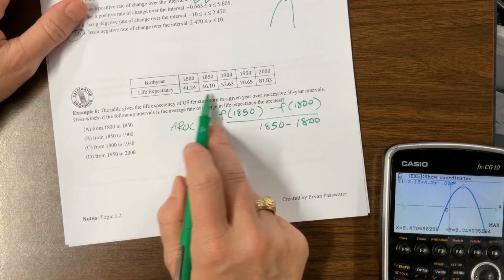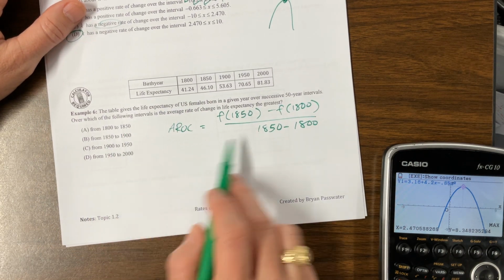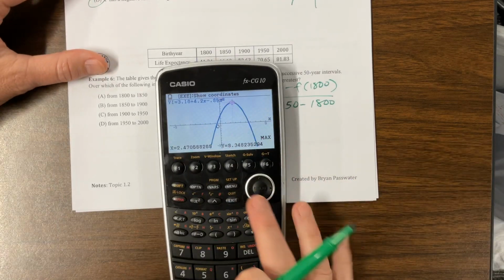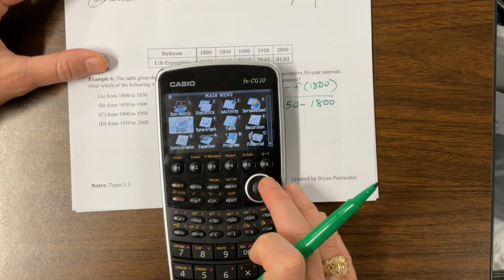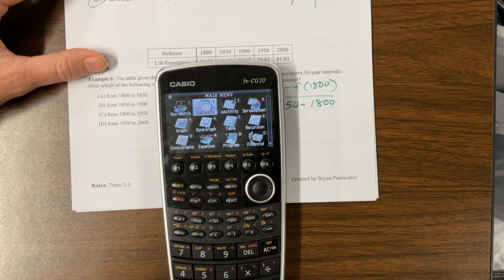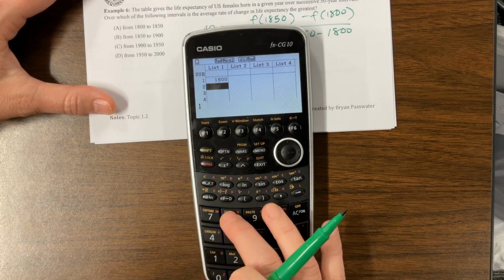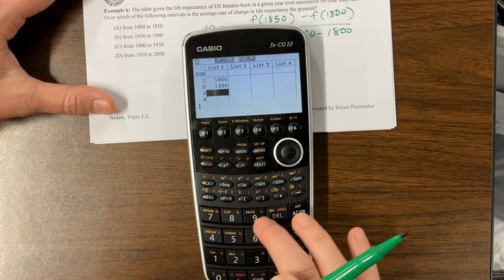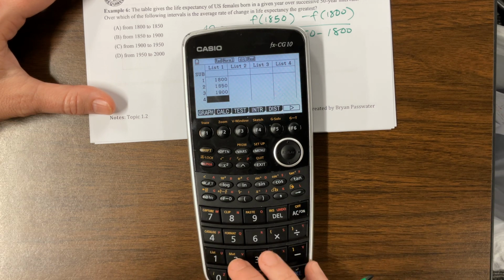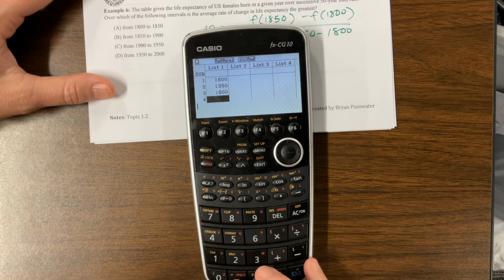And then you could find the average rate of change in each of these intervals using the formula, or I could come here and go to statistics. I could type these in, and then here's my x value, and my x value, and my x value. I just didn't look in the right spot.